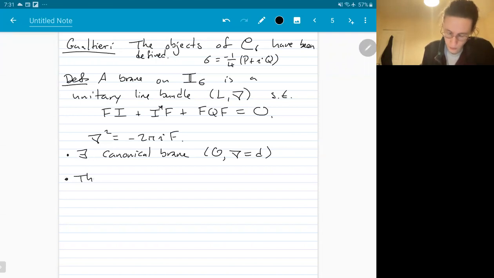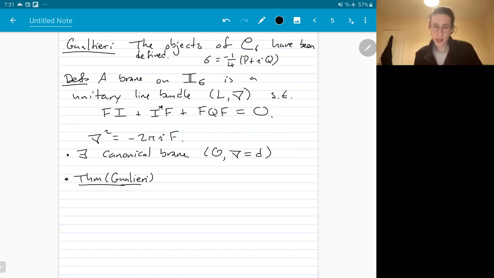And in Marco's paper on branes on Poisson varieties, he showed how you can produce more examples of these. What he showed is the following.